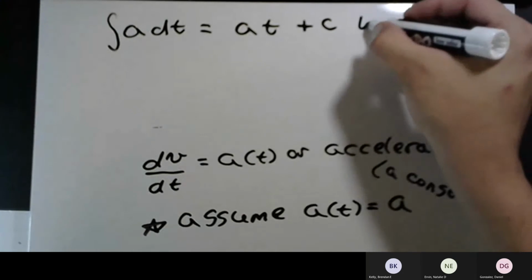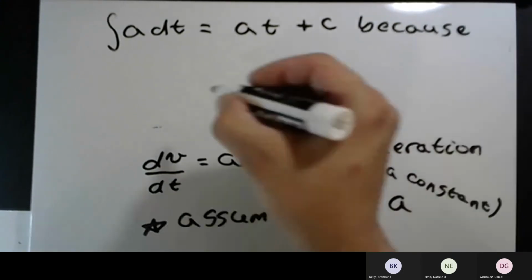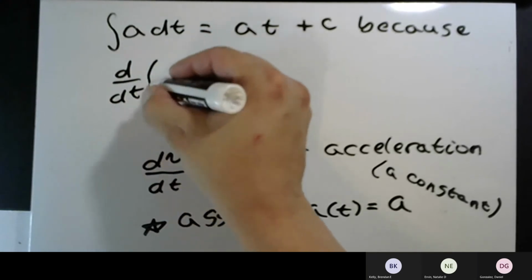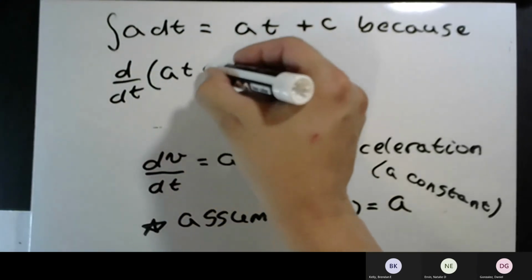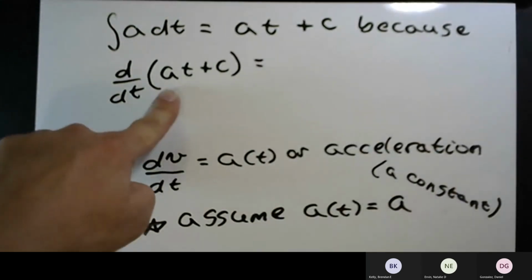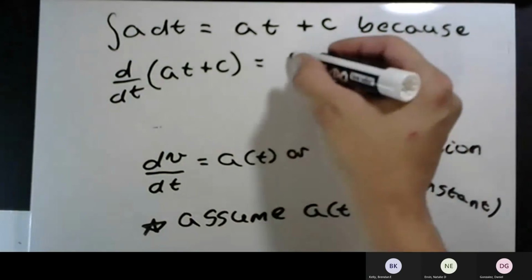And the reason is because we take the derivative with respect to time of AT plus C. Remember, A is a constant, T is the variable, C is a constant.